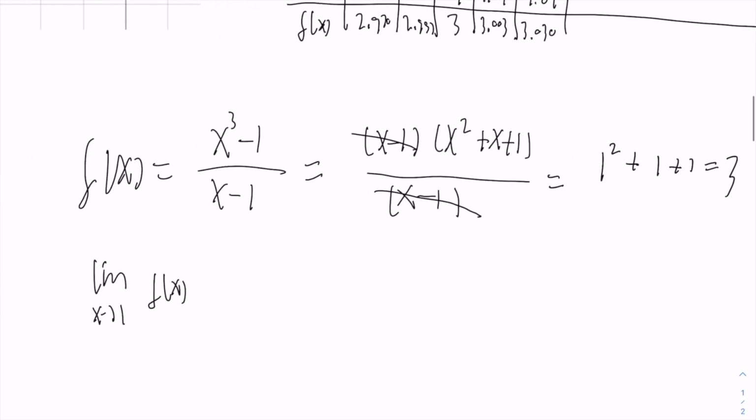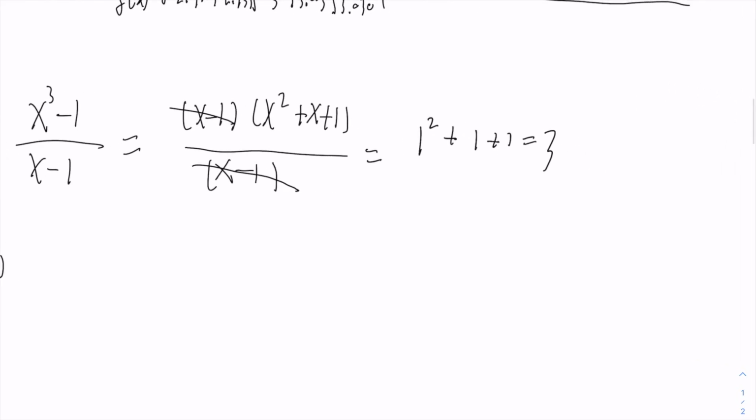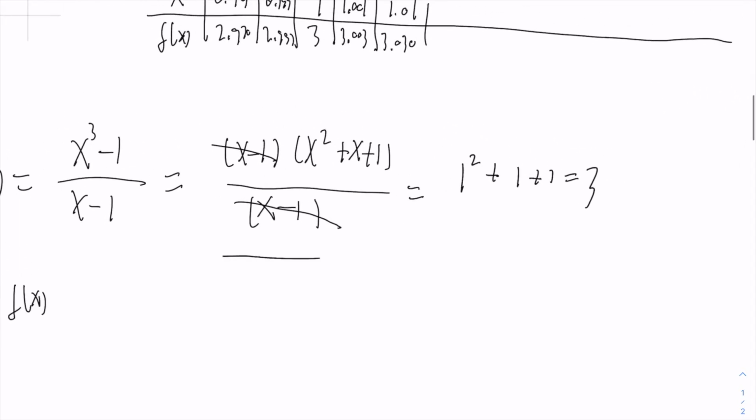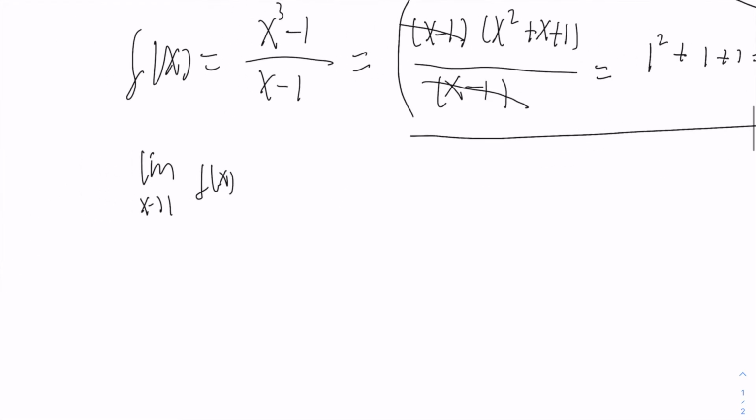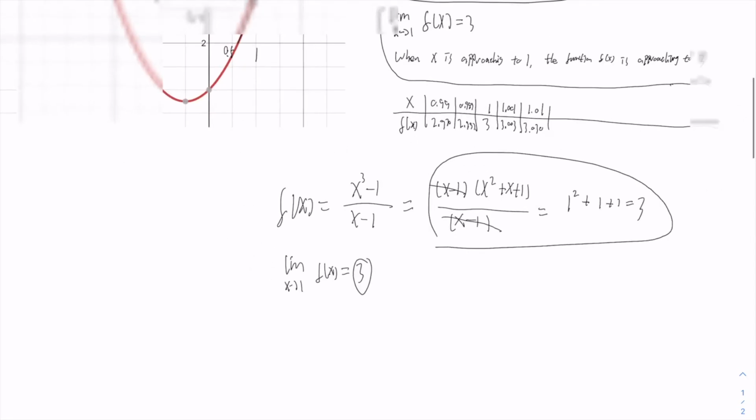So remember, if you get something undefined when you're doing limit, just try to expand the function and cancel things out, and you will probably get a legit answer like the example I showed here. So this limit of f of x when x is approaching 1 is just 3. This is how you can do it numerically.